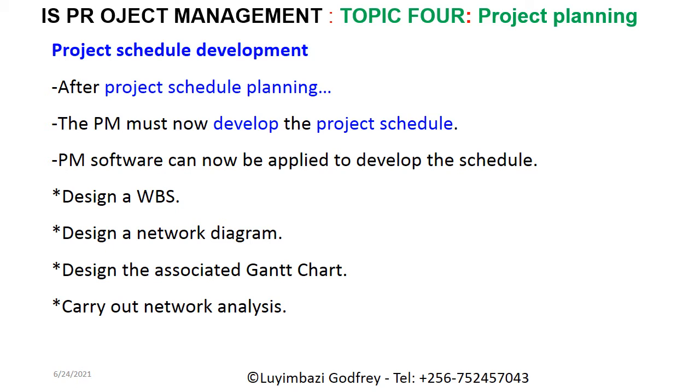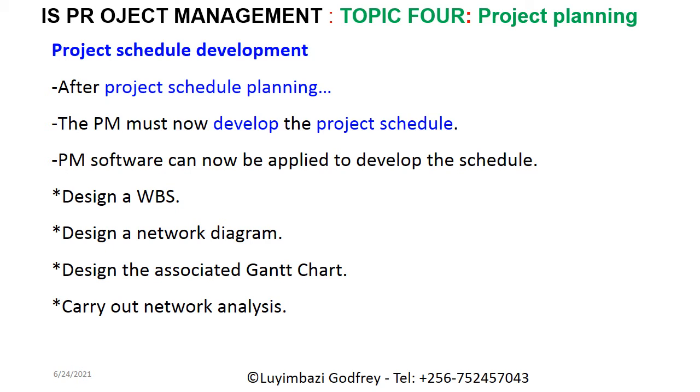Now, we have two types of activity network diagrams. One type is known as the activity on node diagram. The other is known as the activity on arrow diagram. I want you to read about these two types of network diagrams, the activity on node network diagram and the activity on arrow network diagram.